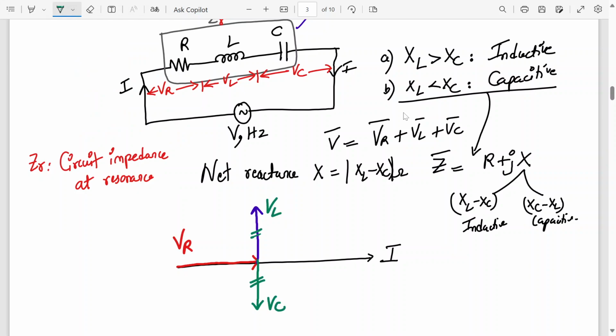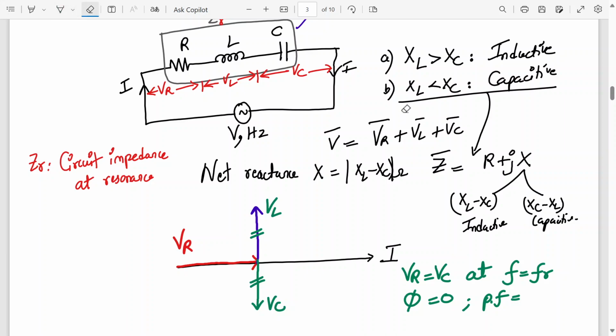When they are same, the phase angle of the circuit is how much now? Can you tell me the equivalent? Zero. Absolutely correct. So whenever VL is equal to VC, this happens at the resonant frequency only. F equal to FR, where FR is the resonant frequency. Here, my phase angle of the circuit is zero. And what is my power factor?